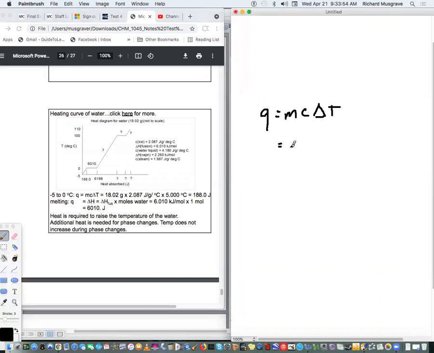And the way that I would calculate the heat absorbed during that temperature increase between 0 and 100 degrees is to do 18.02 grams, because that's how much water I have here, times the C. Now, the C I want is the C for water liquid. As you can see, the heat capacity for ice, water liquid, and steam are all different. I want to use the water liquid one, which is 4.180 joules per gram per degree Celsius.